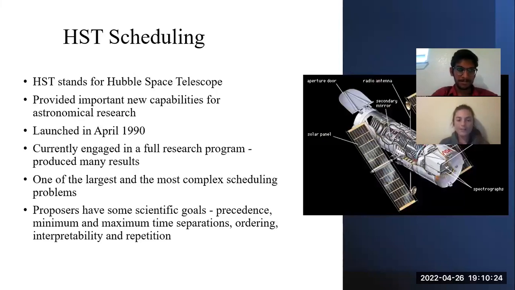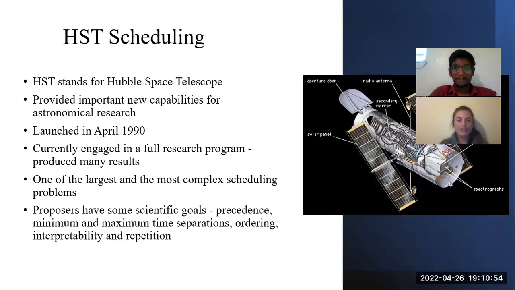Let's see the HST. HST stands for Hubble Space Telescope. The HST has provided important new capabilities for astronomical research due to its unsurpassed combination of wavelength coverage and angular resolution. The HST was launched in April 1990.